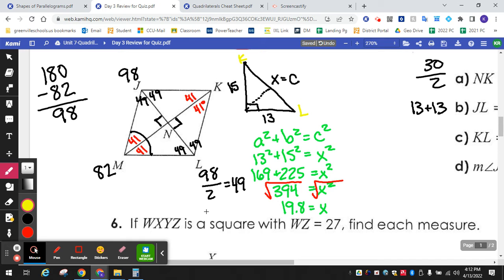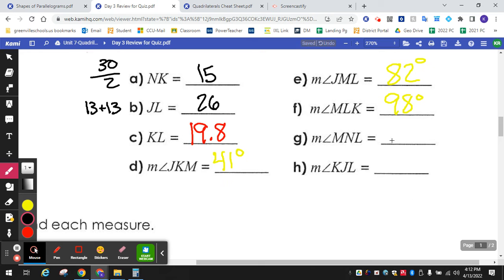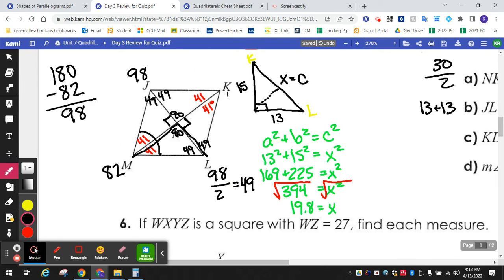From M to N to L. M, N, L. Well, in a rhombus, all the centers are 90. So even though I only marked 2, all 4 of them are 90. So 90 degrees. And lastly, K to J to L. K to J to L. That one, 49.